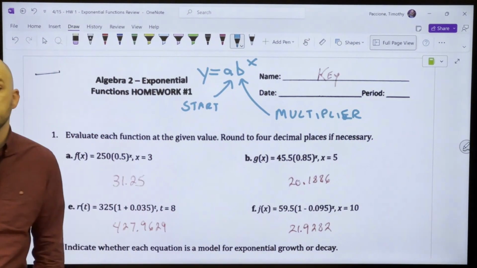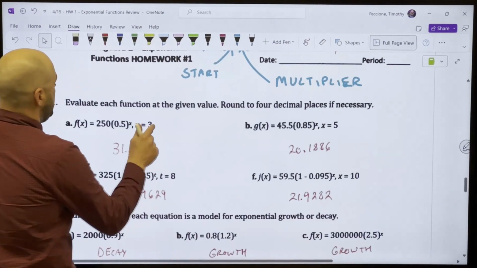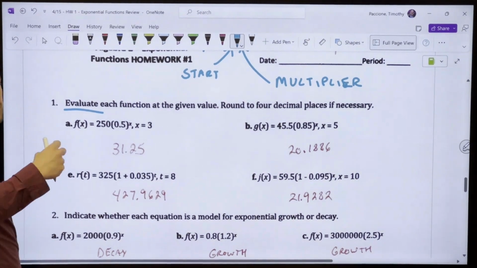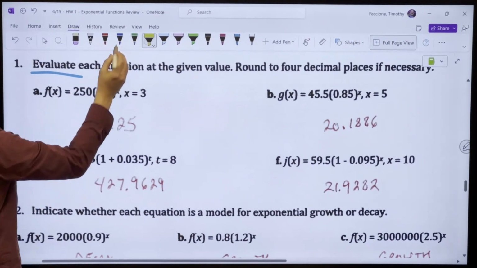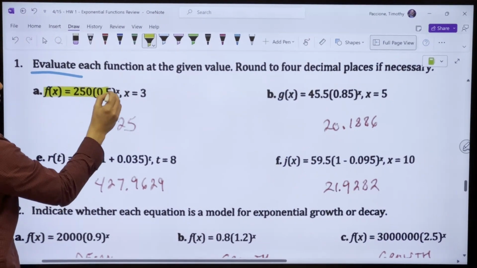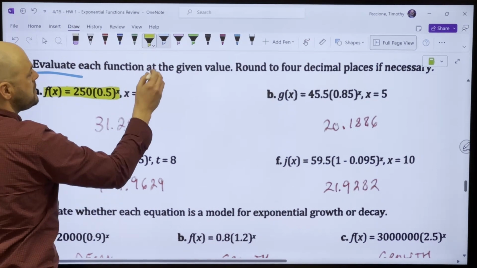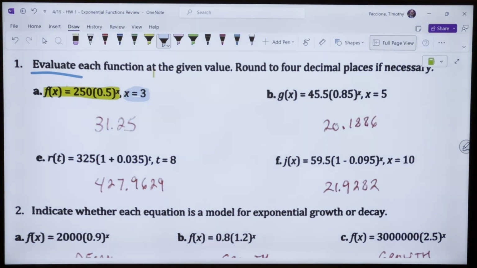Okay? And there's things you need to do. First thing you needed to do was evaluate. Evaluate, of course, means find the value, plug in, do the math, right? So for each of these, it was like, okay, here's your function, something to the x, and then here's your x, plug it in, right? That's all you had to do.